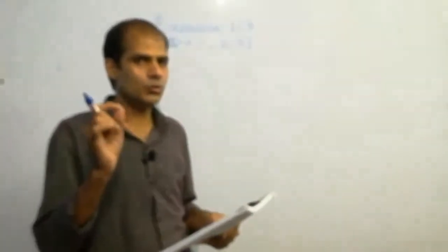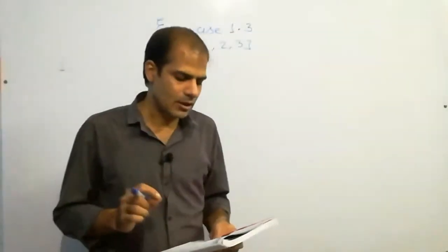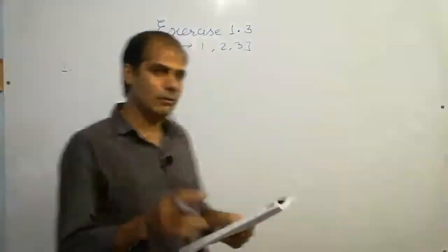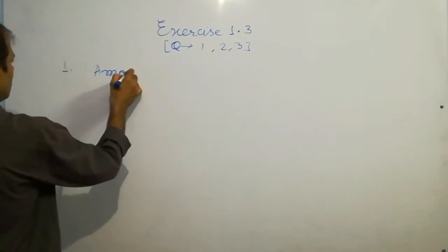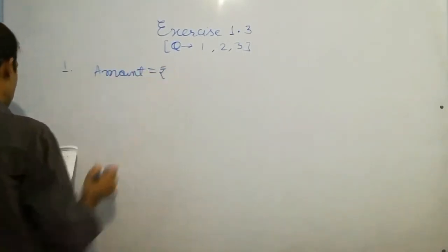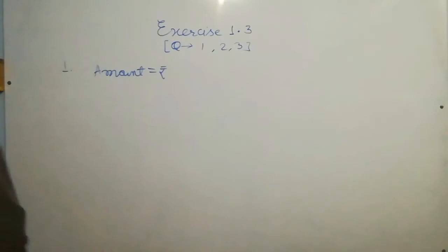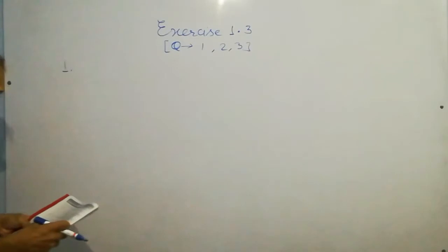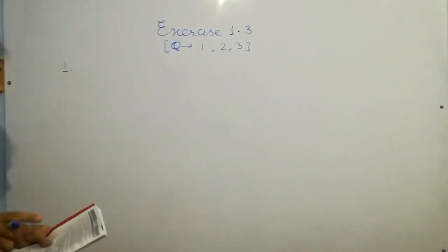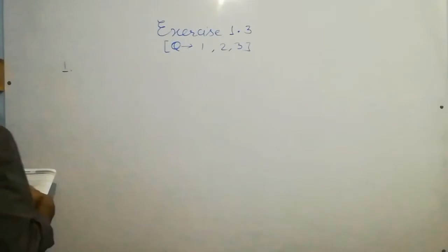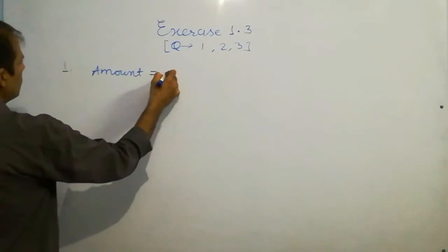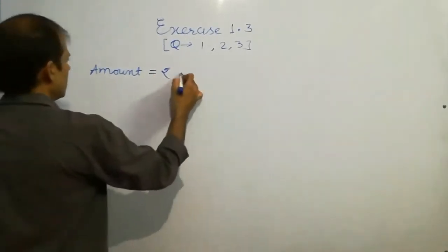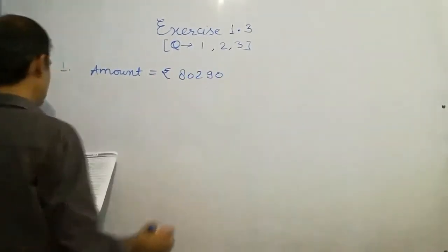So you must understand the meaning. एक मर्चेंट है, उसके पास टोटल अमाउंट कितना है? Amount is rupees. So you can write in a proper way. We have to consider the total amount and the total amount of the 50 fans. Now amount is rupees 80,290.